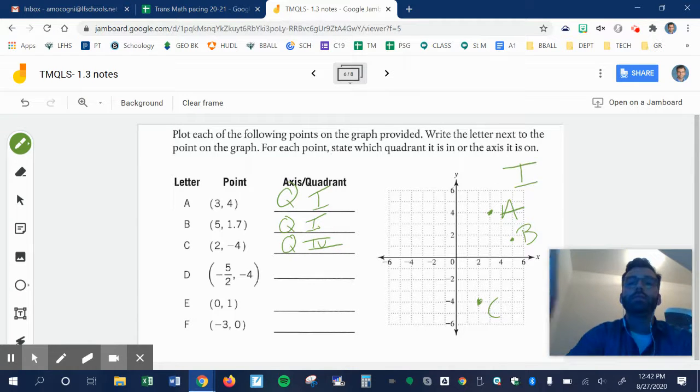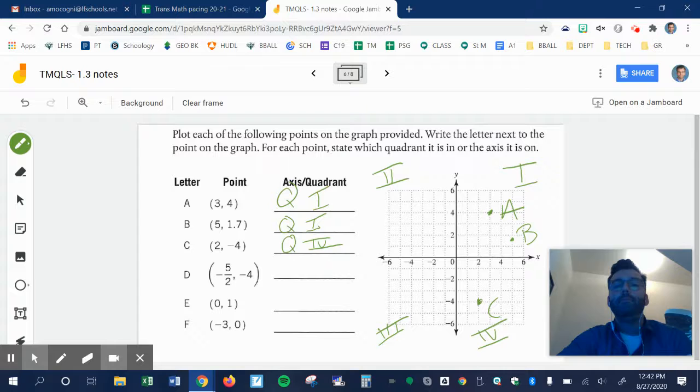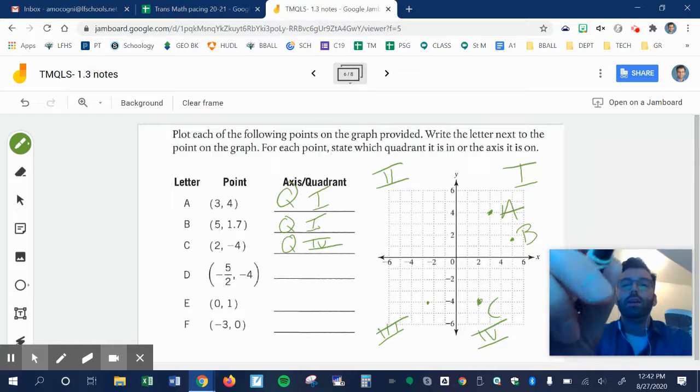Remember, I always like to label these, and I forgot to. Shame on me. Then -2.5, comma -4, is going to be down there. Remember, x always comes first: x, comma y. This is point D, and that's in quadrant 3.